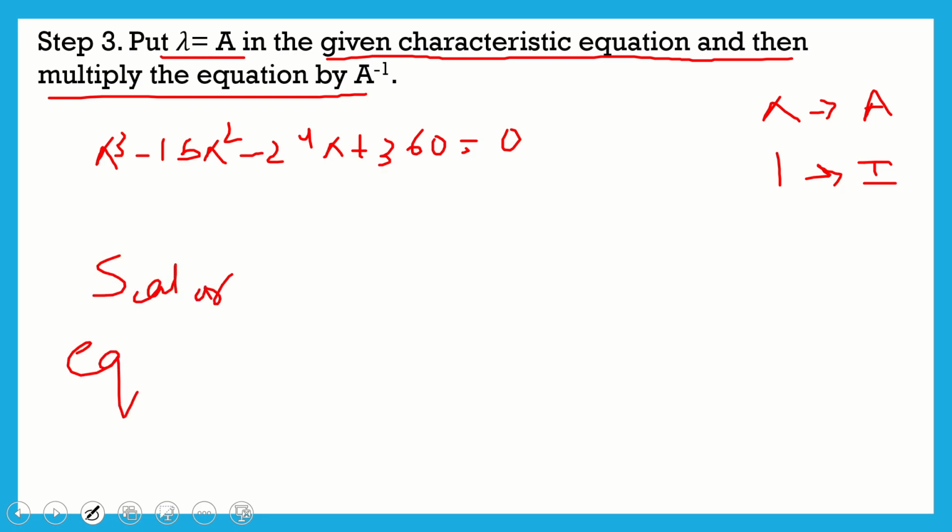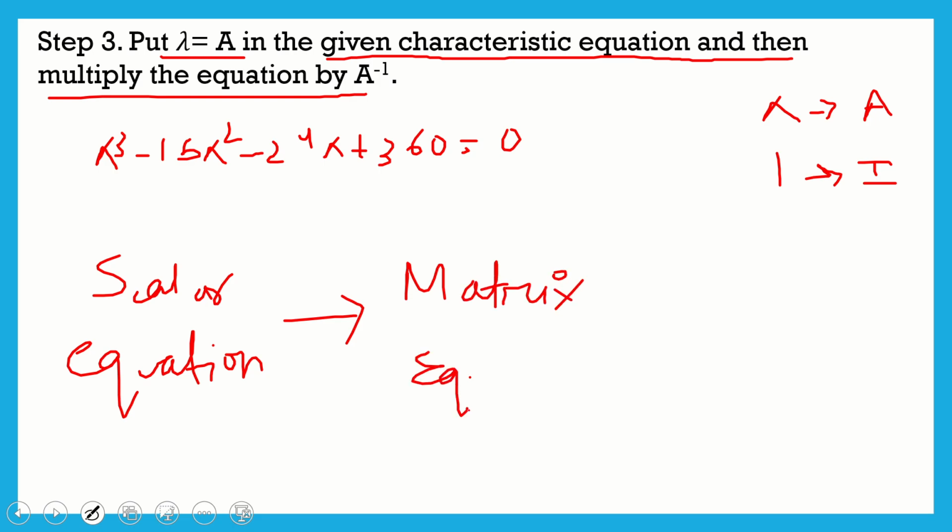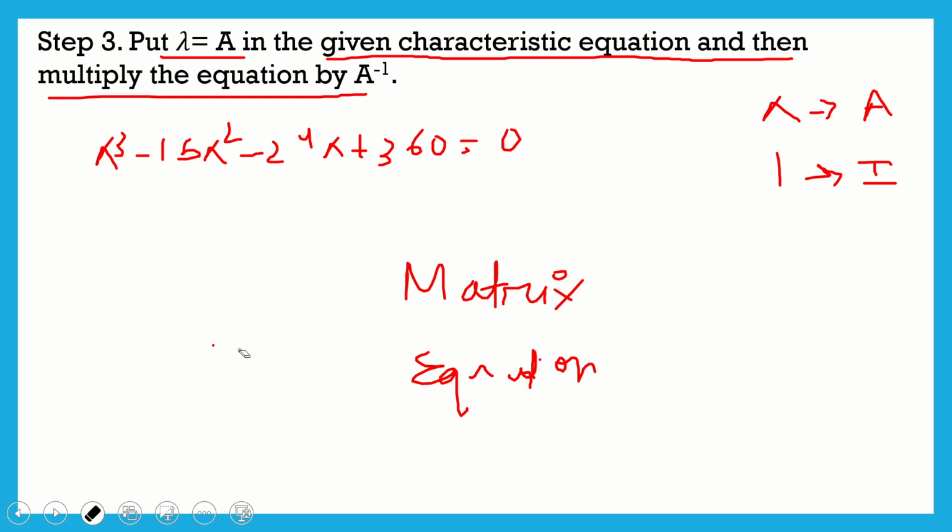So the scalar equation is going to transform into a matrix equation. Okay, so each term will become a matrix. Understood? Okay, this is the transformation we do in engineering mathematics. I hope you are able to understand, class 11 and 12 students.